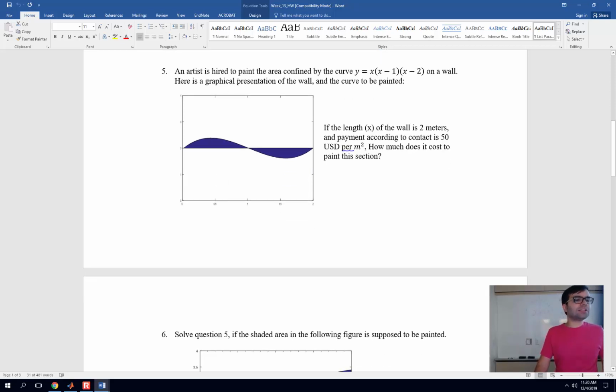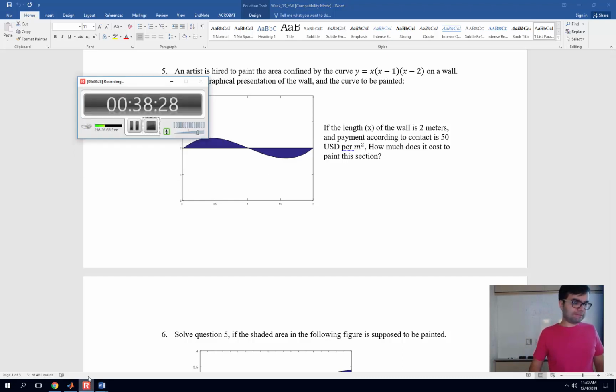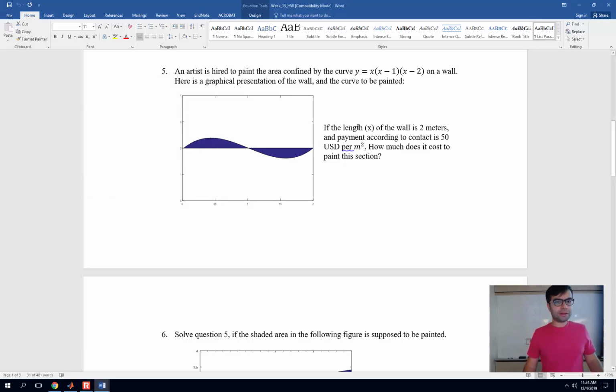An artist is hired to paint the area defined by, well, let's solve this actually. Let's solve this quickly. I give you a couple of minutes. All right, let's do it together.